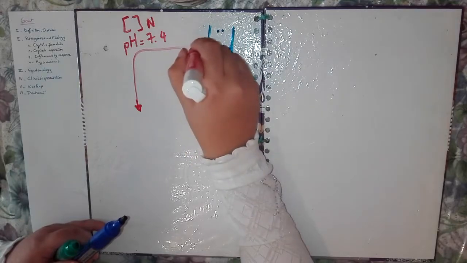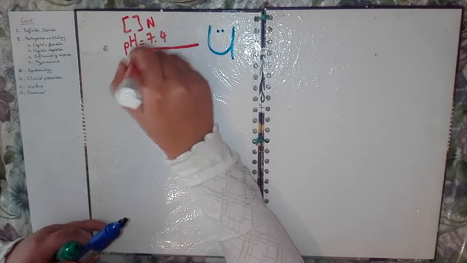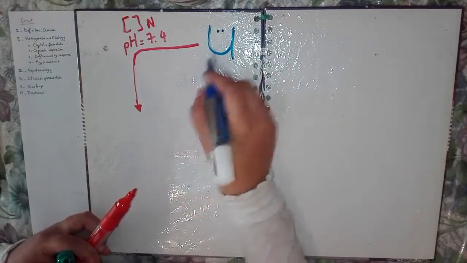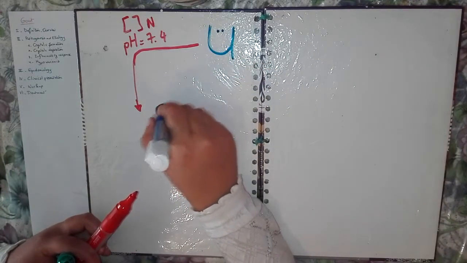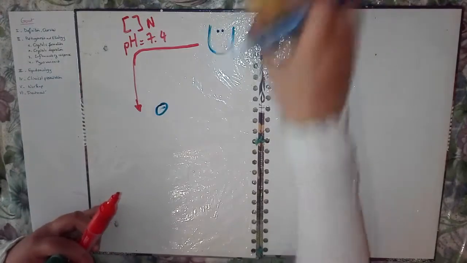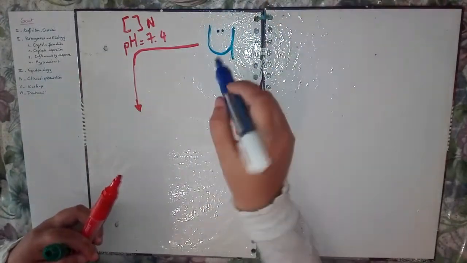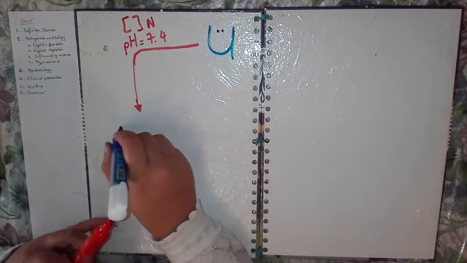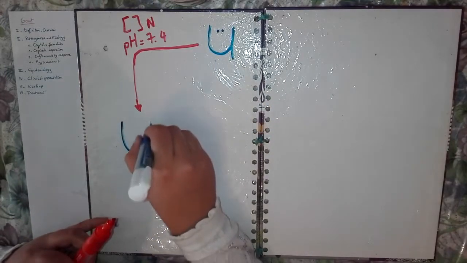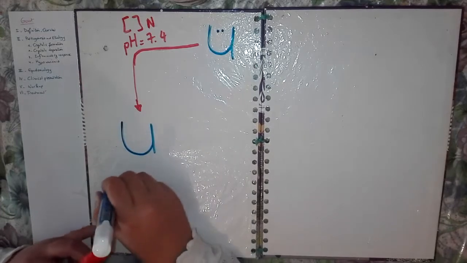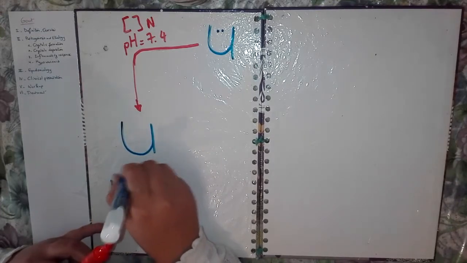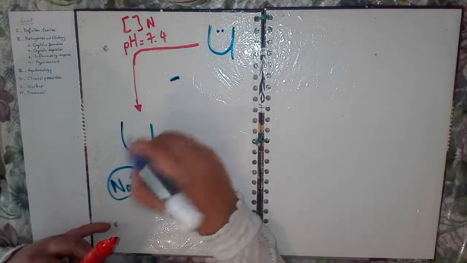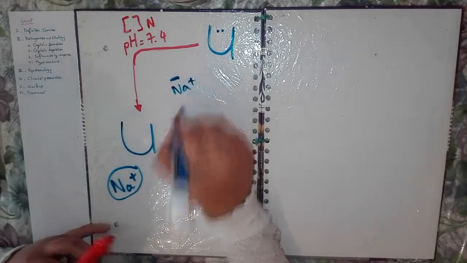Uric acid is an acid. At this pH, it is going to lose a proton, so it's going to be negative. When uric acid loses a proton, it will bind a sodium ion.